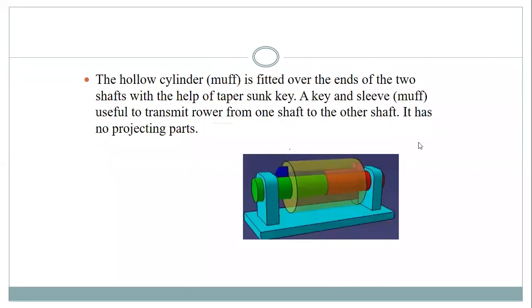Yes. So you can see, guys, the two shafts are there. One is green, one is red. I've inserted the key into that coupling and the shafts. So as soon as the shafts will rotate, they are going to transmit the power. So hollow cylinder muff, it is called as muff or sleeve.